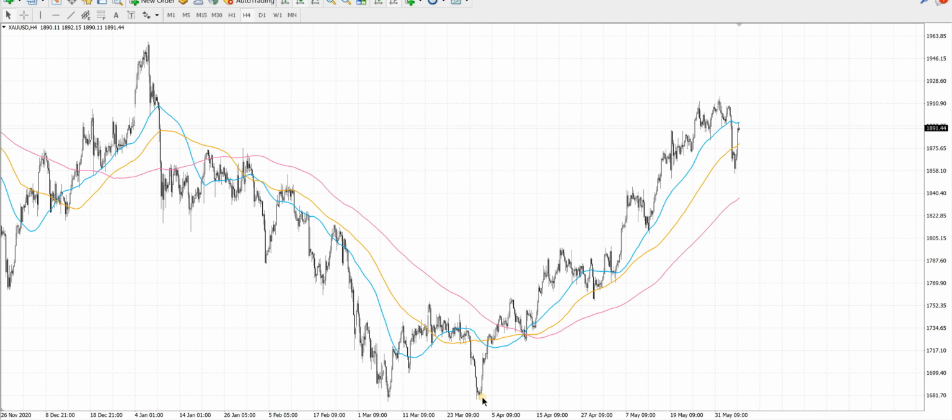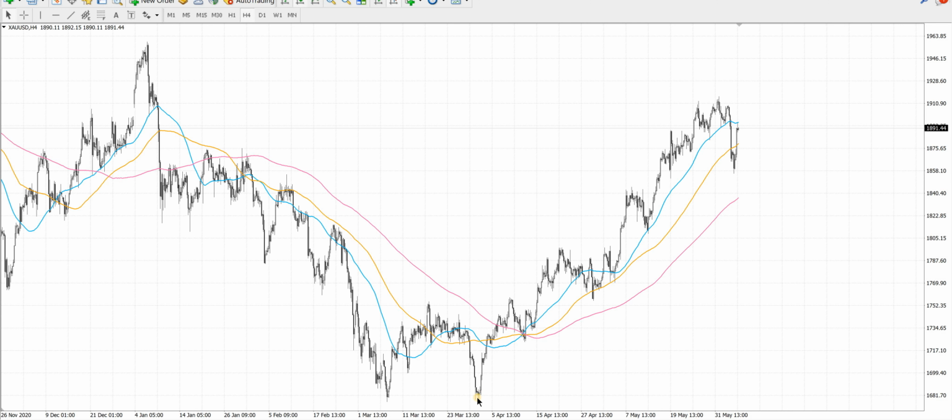Where it found its bottom here, it created a double bottom pattern. Double bottom patterns are indicative of reversal. So when we saw that bounce there, and we had a couple of good strong up candles, we knew that that was now its bottom.